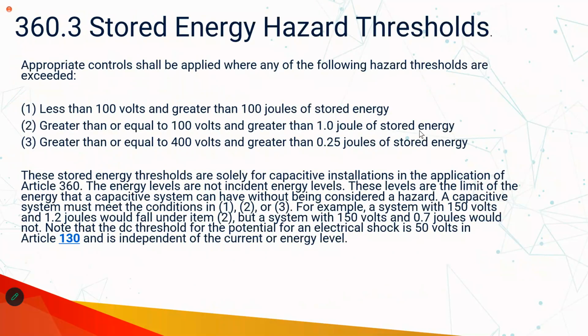Stored energy hazard threshold. These are the hazardous ranges given when we are dealing with capacitors and capacitor banks. If we are dealing with less than 100 volts and greater than 100 joules of stored energy; greater than or equal to 100 volts and greater than 1.0 joule of stored energy; greater than or equal to 400 volts and greater than 0.025 joules of stored energy.